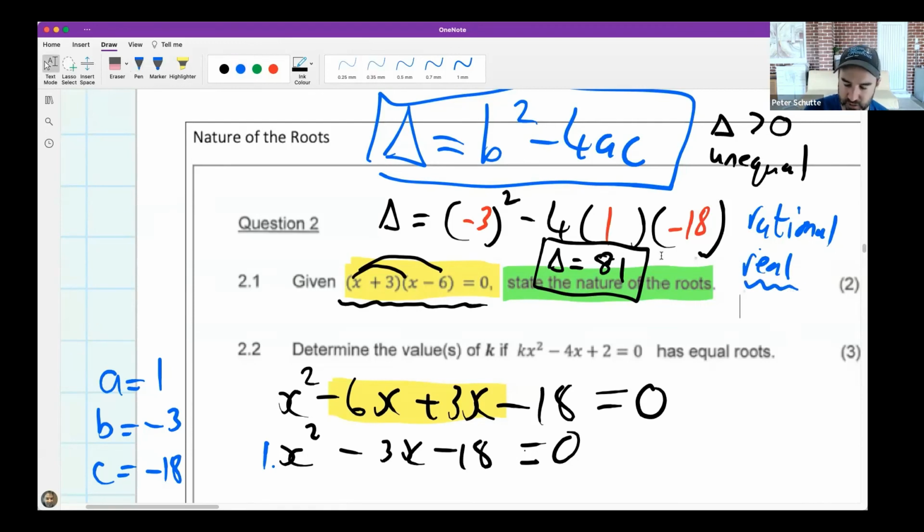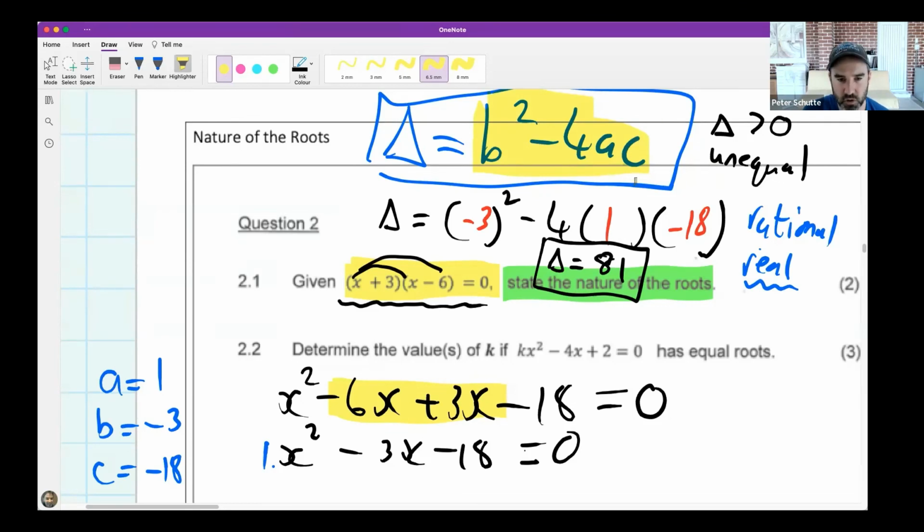Okay, so all I wanted to finish with today is if you have a nature of the roots question, you're almost always going to have to find delta. If you find delta, there are certain properties for delta that tell us about the roots of the equation.